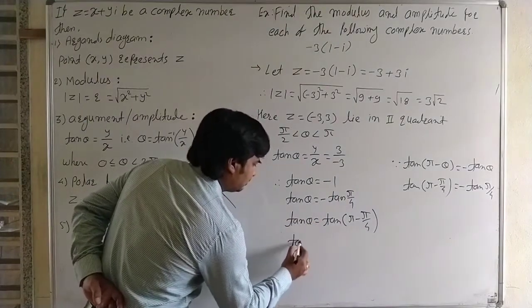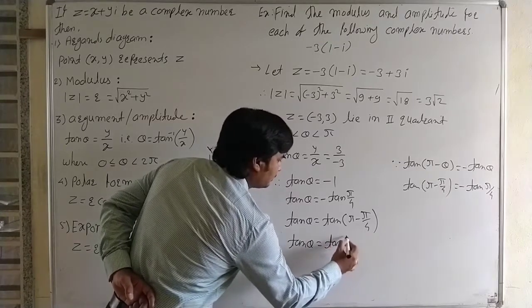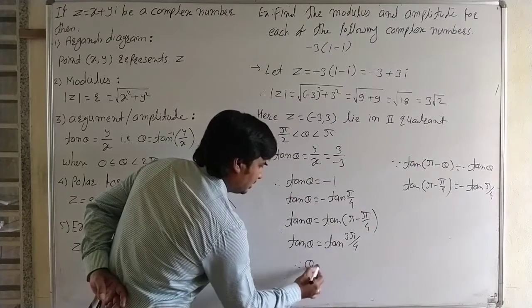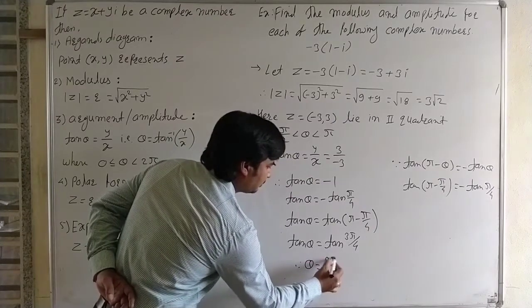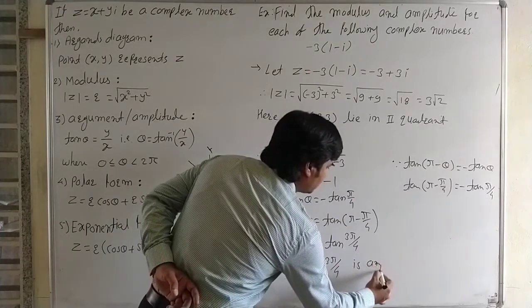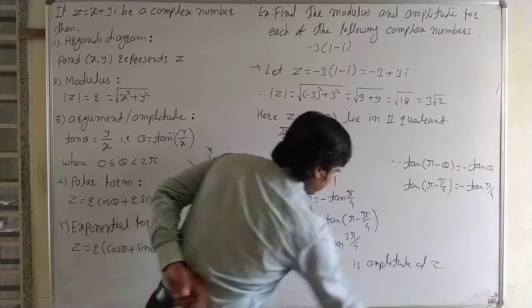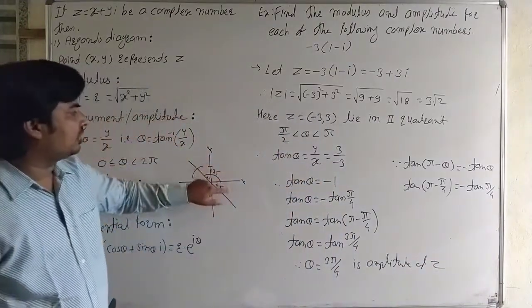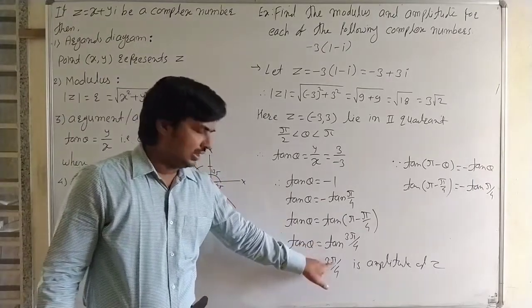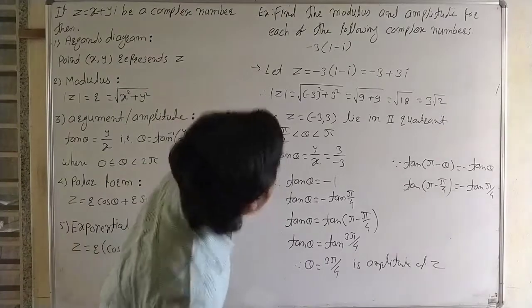Therefore tan θ = tan(3π/4), and therefore θ = 3π/4 is the amplitude of z. 3π/4 means 135, since π is 180. Now the next example.